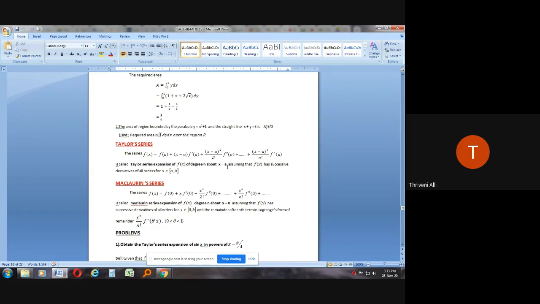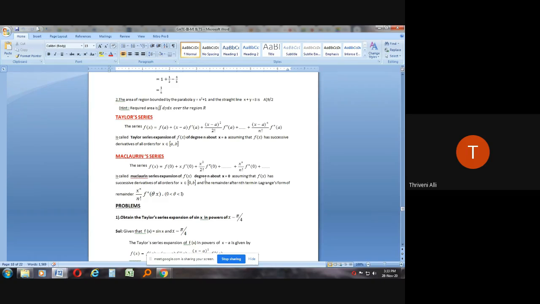If in the place of a we have 0, it is a Maclaurin series: f of x equals f of 0 plus x into f dash of 0 and so on. So this is the Maclaurin series about x equal to 0, whereas the Taylor series is about x equal to a.